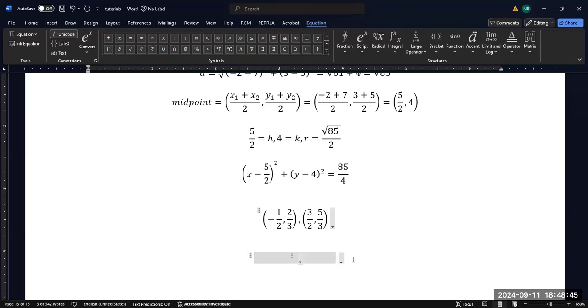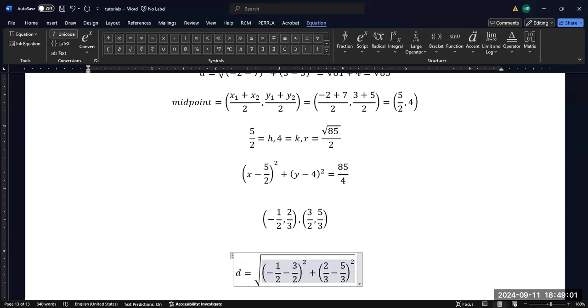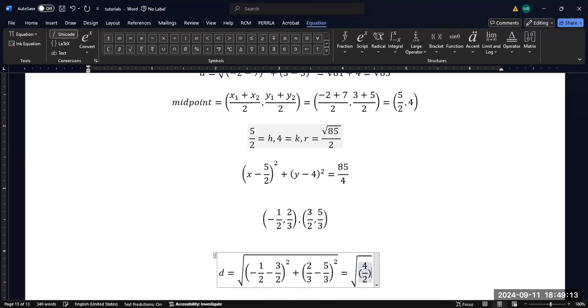So our distance formula, and I'll write it out so that it's a little clear: (-1/2 minus 3/2) squared plus (2/3 minus 5/3) squared. And again, just simplify bit by bit. -1/2 minus 3/2 is going to give me -4/2.